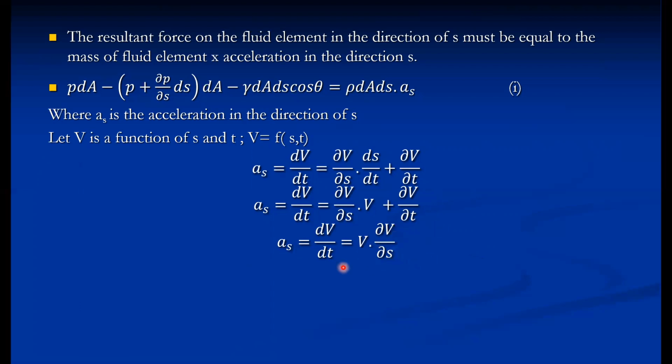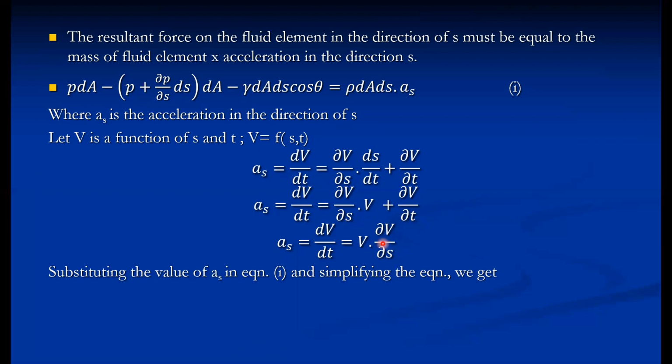So acceleration along the s direction is v into ∂v/∂s. Here we have made the assumption that flow is steady, but we don't know whether the cross section is uniform or not. So the velocity varies with respect to the space coordinate, that is along the s direction that we have considered.